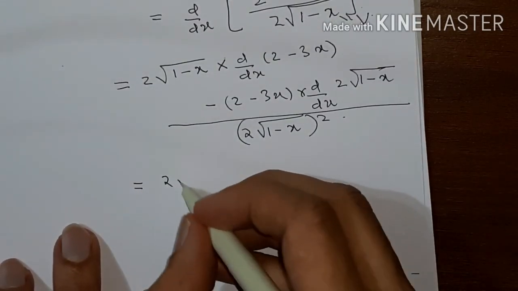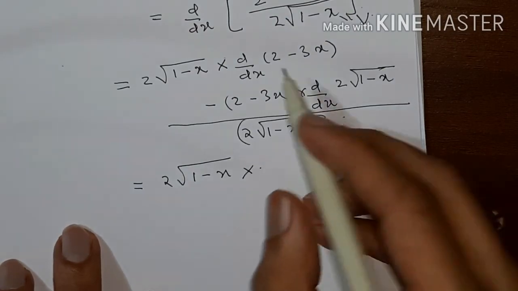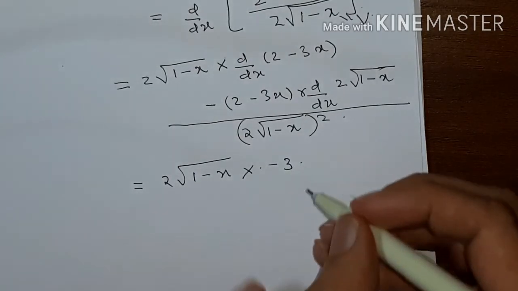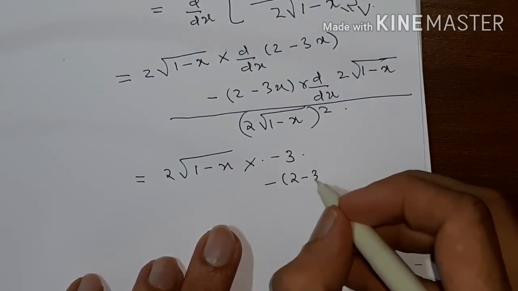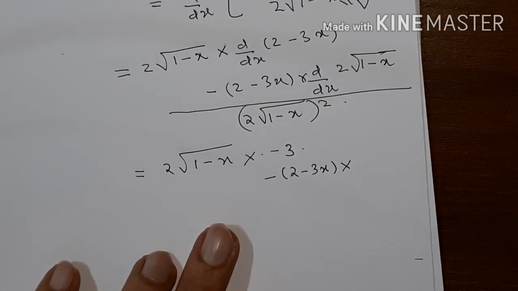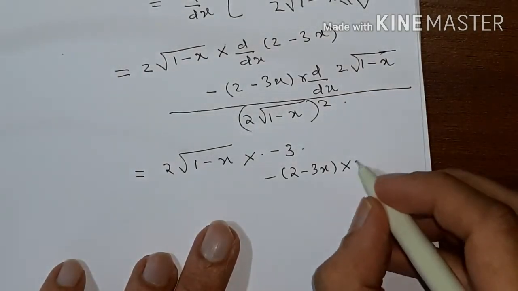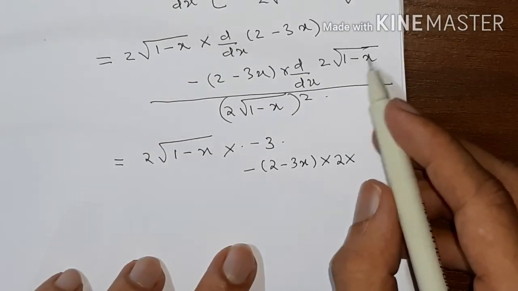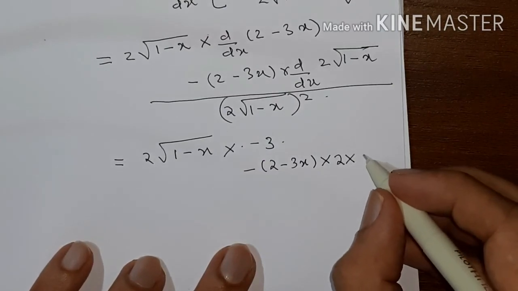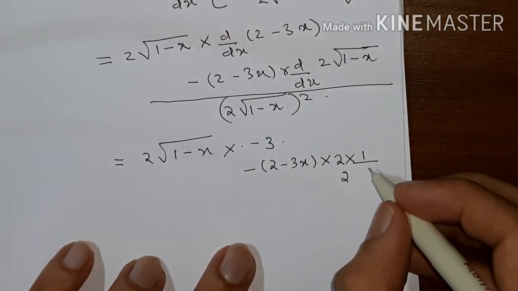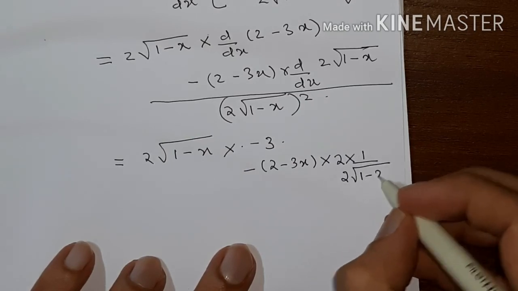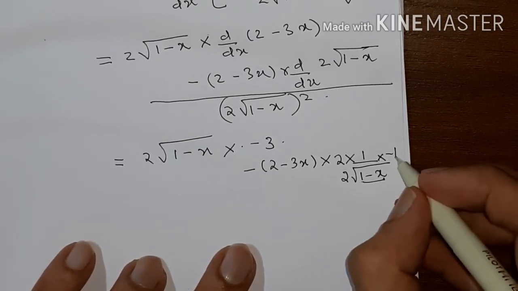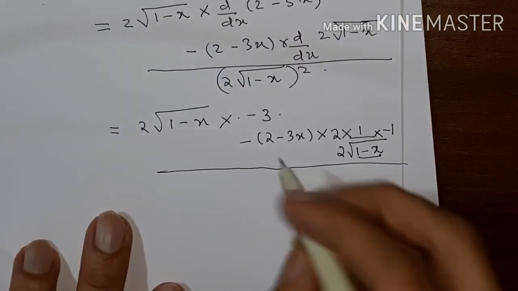So which is what? 2 root of 1 minus x multiplied by the derivative of this. The derivative of 2 minus 3x is minus 3, minus 2 minus 3x multiplied by, now this 2 is a constant, so we can take it out, multiplied by, this is 1 minus x raised to half, so the derivative will be half root of 1 minus x into the derivative of the quantity inside the root, that is minus 1, right, and divided by what?